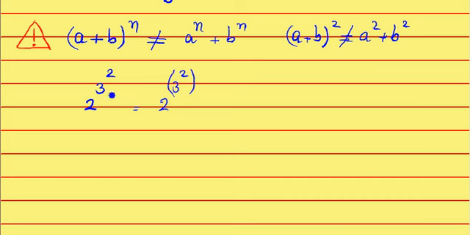That is, you are supposed to take 3 and square it, and then use that as the exponent. So the answer here is 2 to the power of 9. It is not 2 times 3, rather it is 3 squared. So that is one item to be careful about. So in absence of a parenthesis, if you have a ladder of exponents, you work your way from top to bottom.